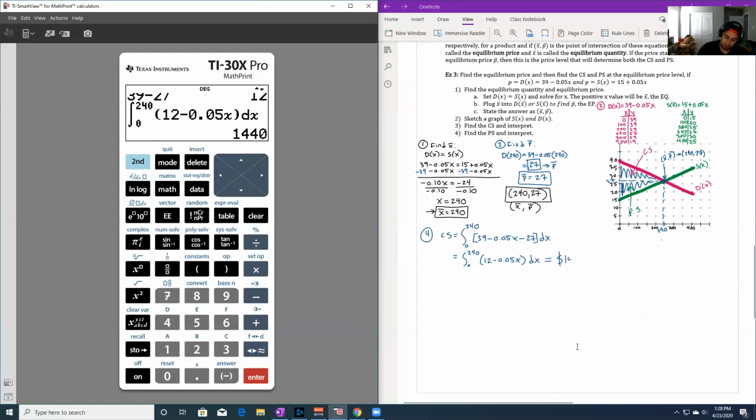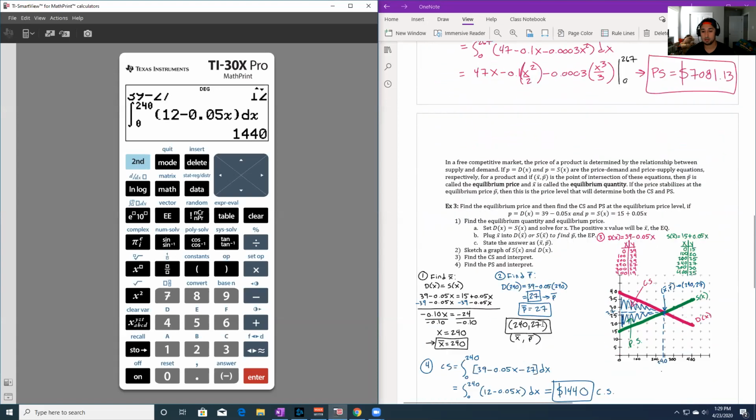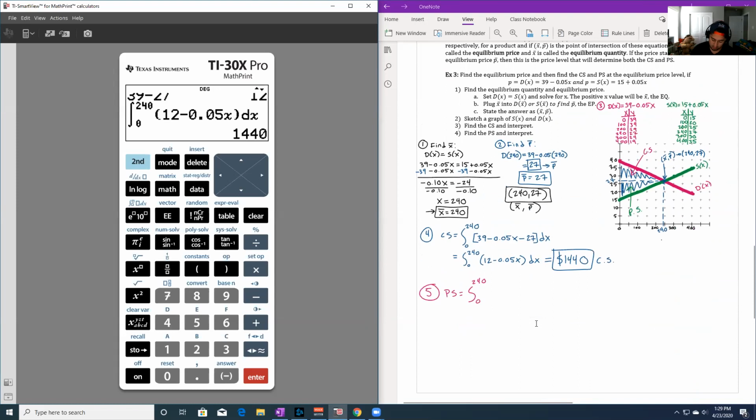Okay. And then 5. Producer surplus, which is from 0 to 240 as well, which means producer surplus was p bar minus s of x. So our p bar was 27 minus s of x, which is 15 plus 0.05x dx.